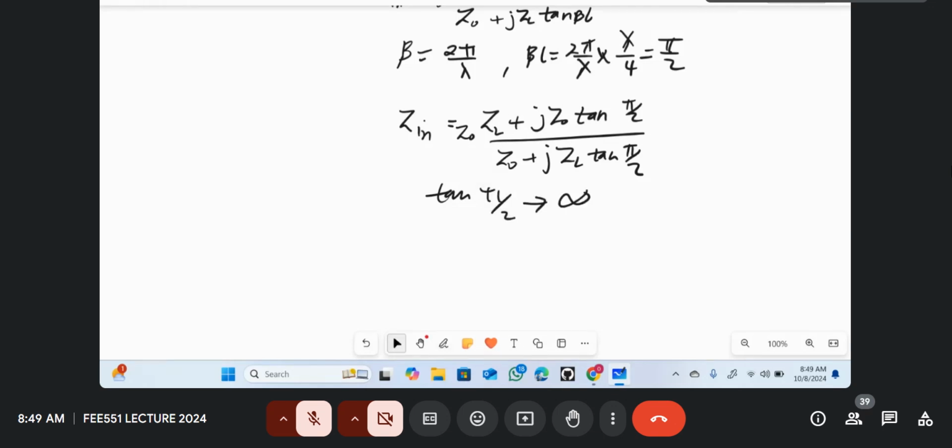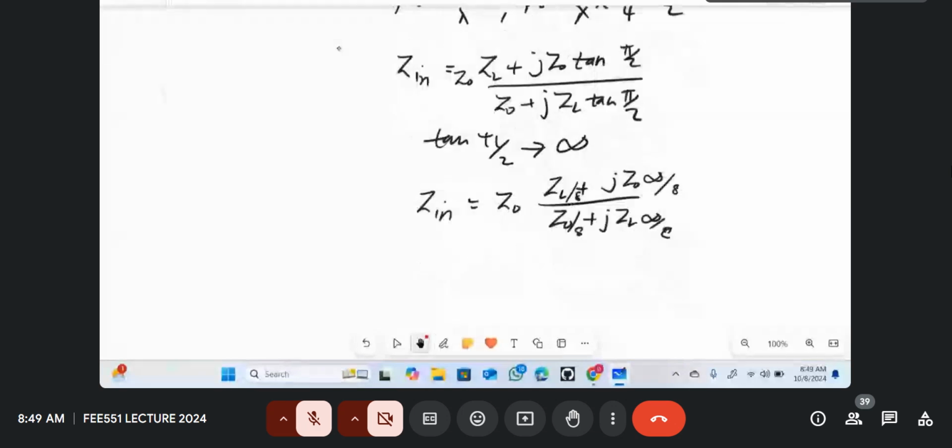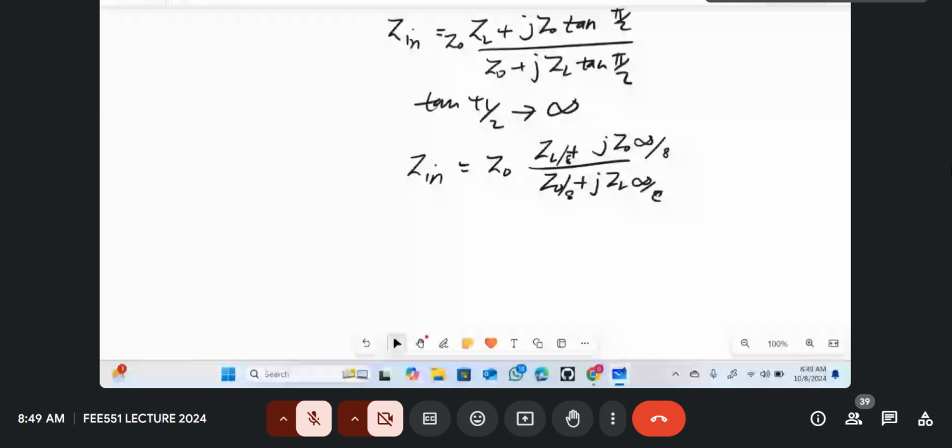So when we put infinity in our equation, we'll have something like ZL infinity divided by infinity, infinity. Of course, the j terms will go and these two values will be 0.